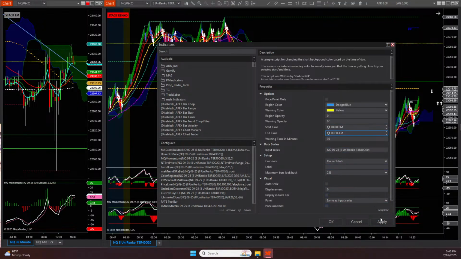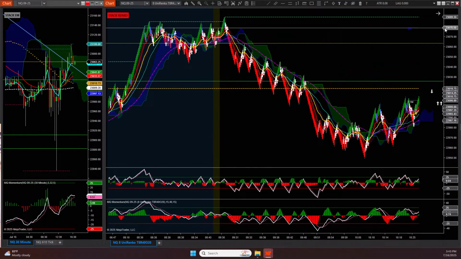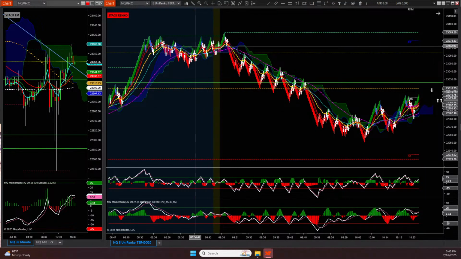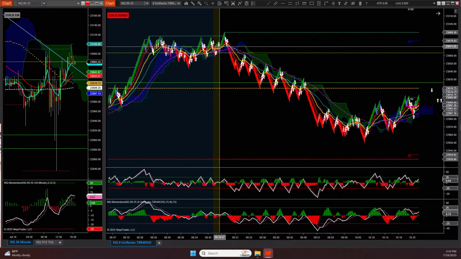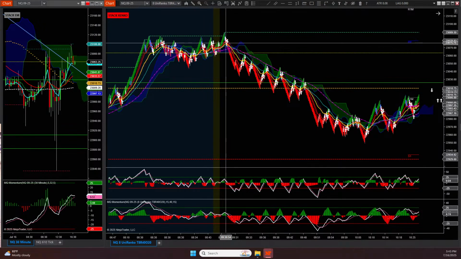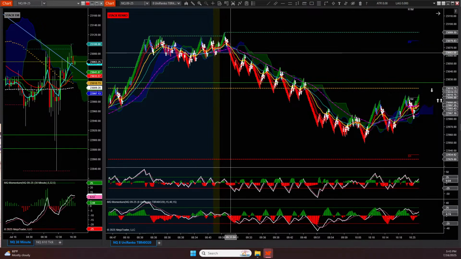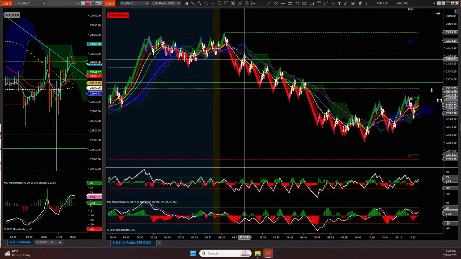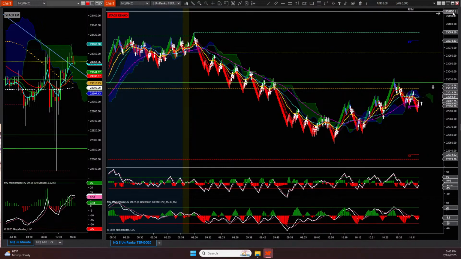Anyway, that colors the overnight session. You see here that it started to move out at 9:29, and then right when the market opened, it gave a move to the downside, and it started to wiggle to the downside.